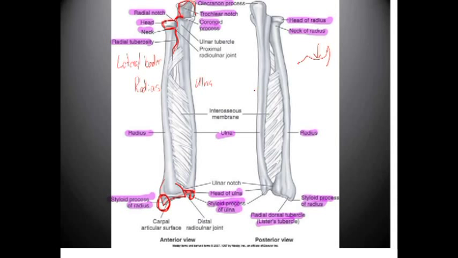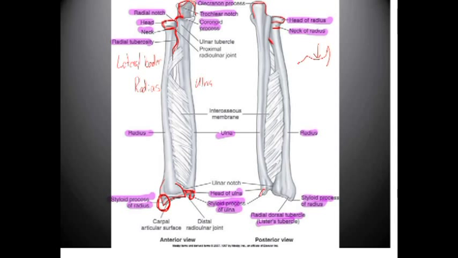Now, if we were to look at it from a posterior view, we would see that we have the olecranon process being the most superior portion, or the most proximal portion of the ulna. The radial head here, radial neck, radial tuberosity somewhat hidden by the ulna.